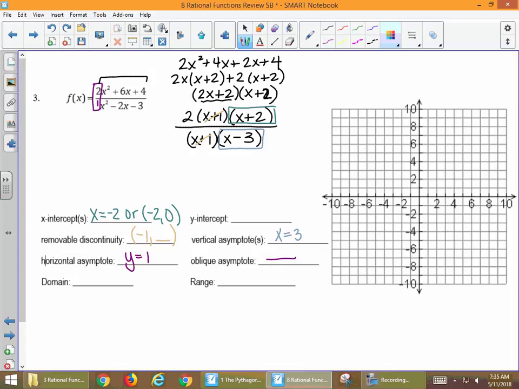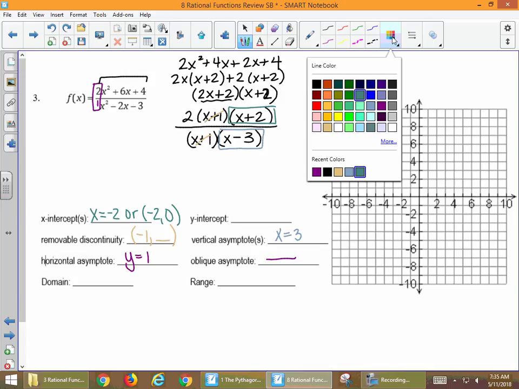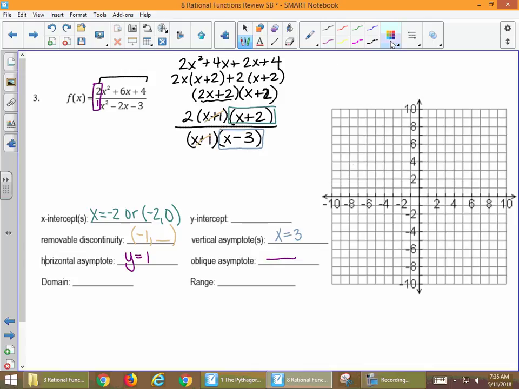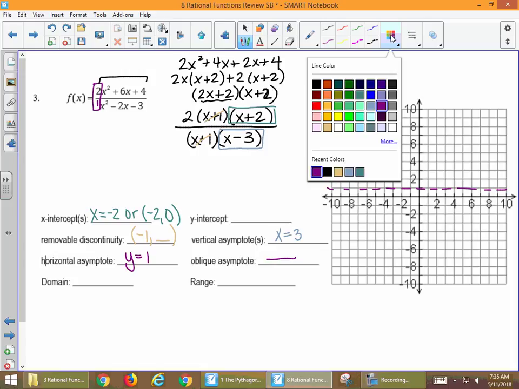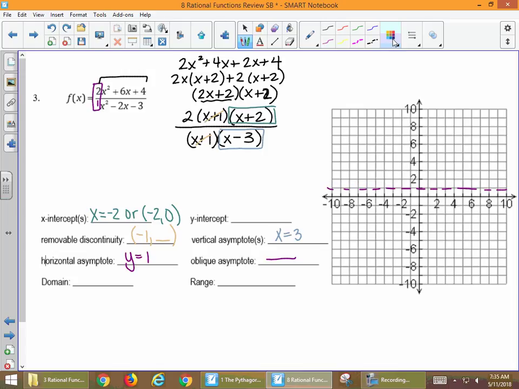I'm going to go ahead and plot what I have so far. So horizontal asymptote at y equals 1. Vertical asymptote at x equals 3. And of course, we'll check all of this on our calculator as well.